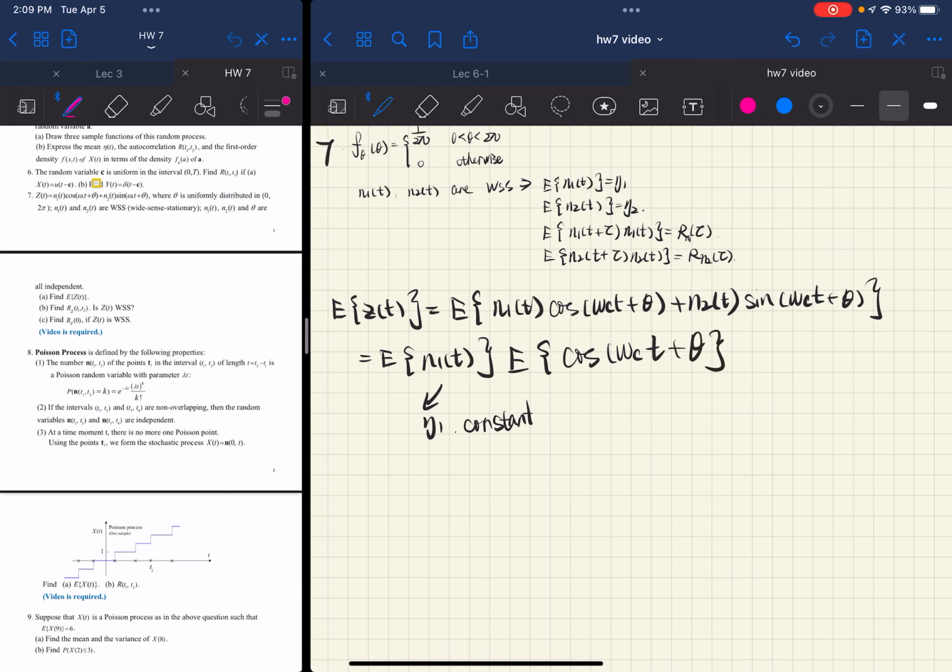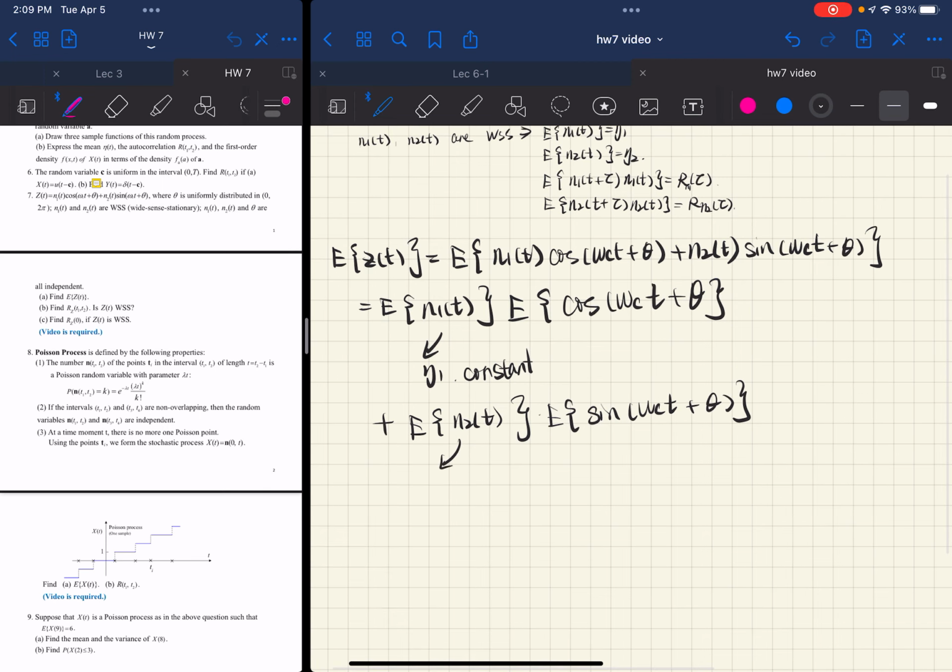And similarly, we have our second term, which is the expectation of n2(t) times the expectation of sine omega c t plus theta, and this is also a constant.